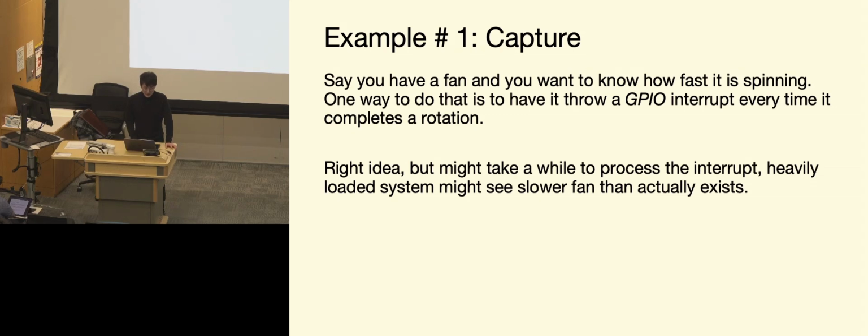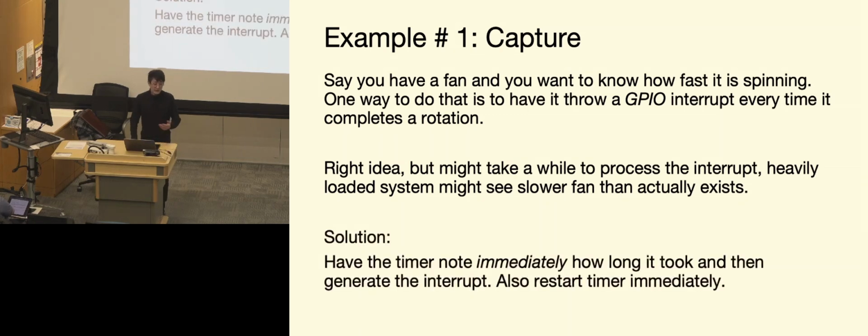There are other ways to do it with the counter and with these capture and compare registers. Basically, we will have the timer note immediately how long it took during its rotation, generate an interrupt, and then reset the timer immediately. So this does not necessarily have to interrupt what we have in the main program.